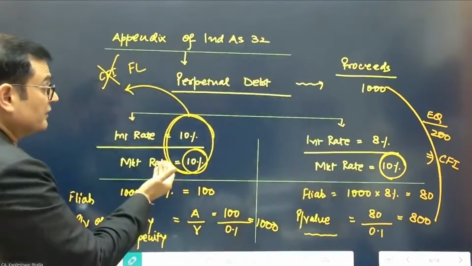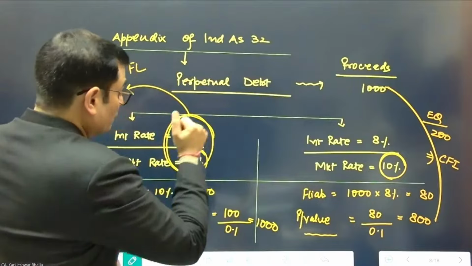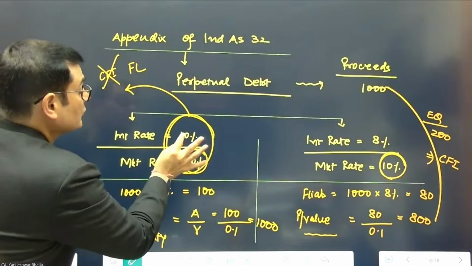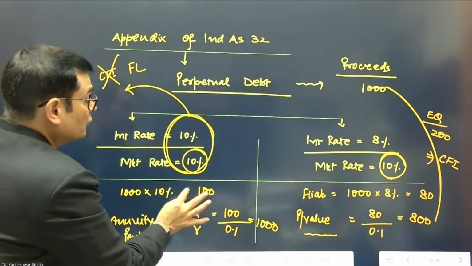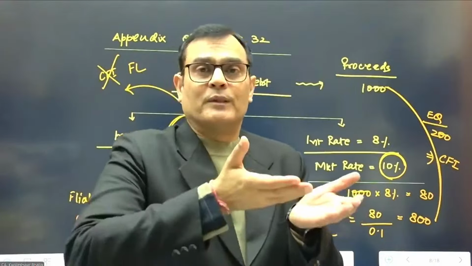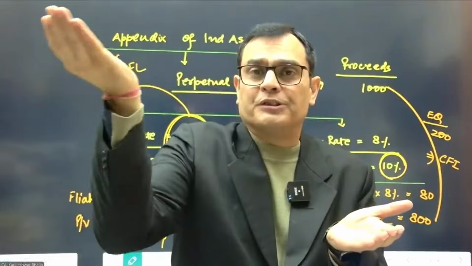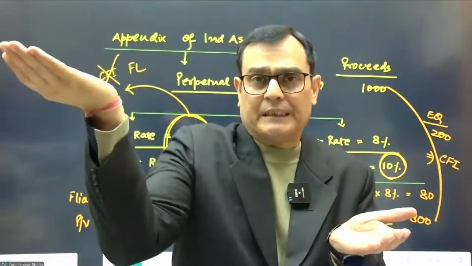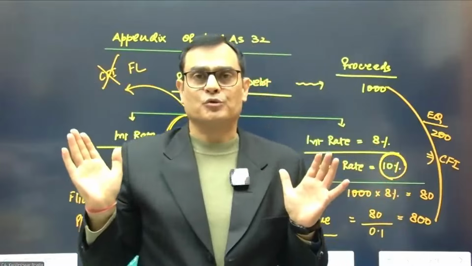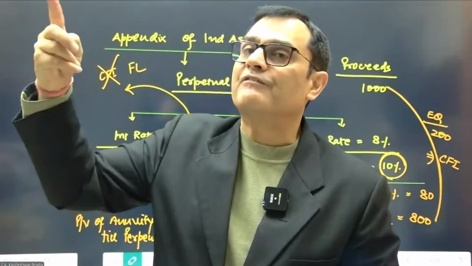I said, if it is a 10% interest rate, let's say that your proceeds are 1,000. So you will pay a 10% interest, this 10% coupon rate agreed. So you will pay interest of 100 every year. When you pay interest at 10% every year, it becomes an annuity till perpetuity because it is perpetual debt. So my only outflow in terms of obligation is that I'm going to pay 100 every year.